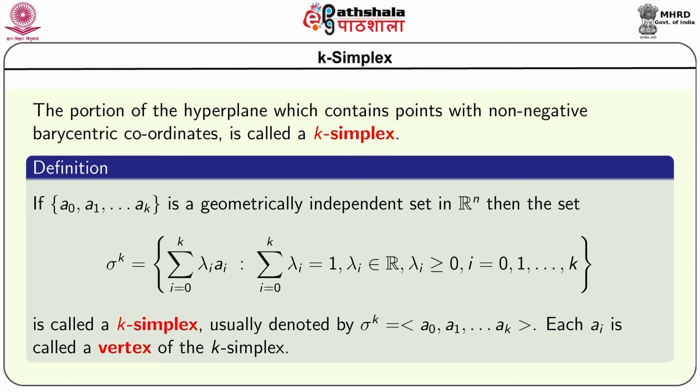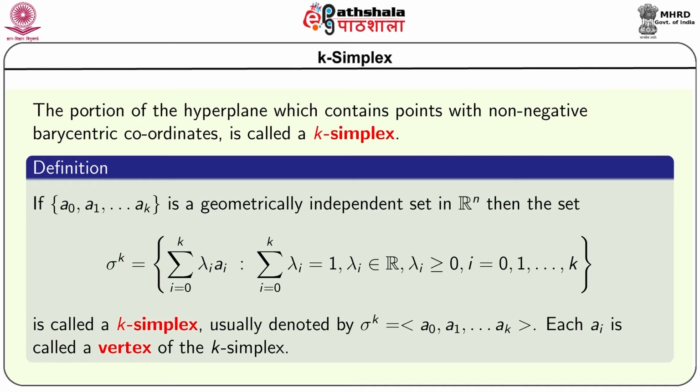That is, we take sigma k as the set of all points of the form summation lambda i a i such that summation lambda i is equal to 1, where lambda i's are real numbers, with the restriction that lambda i is greater than or equal to 0.